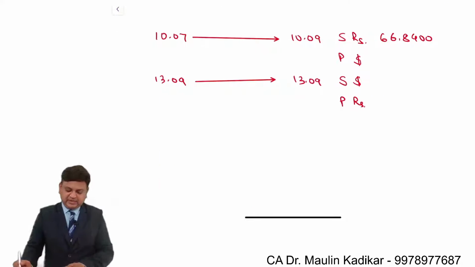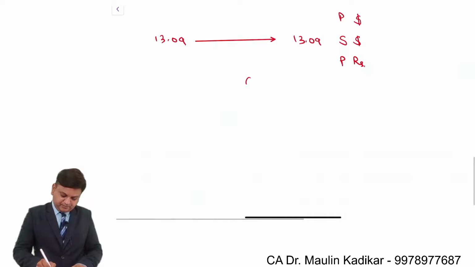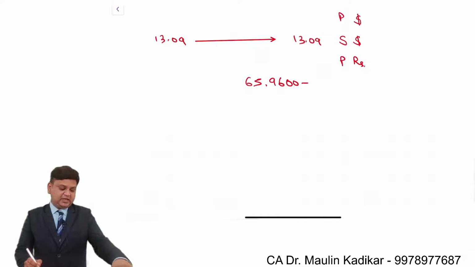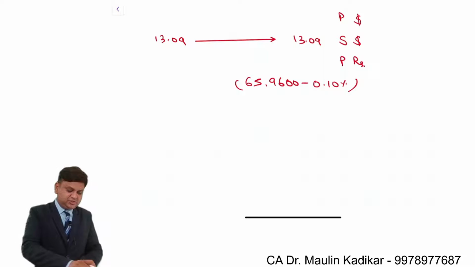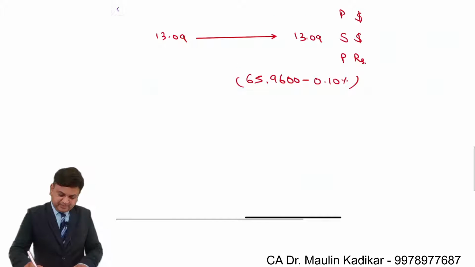So 65.96. So 65.96 minus, again the exchange margin is provided to us 0.10 percentage. 65.96 minus 0.10%, that comes to 65.8940.